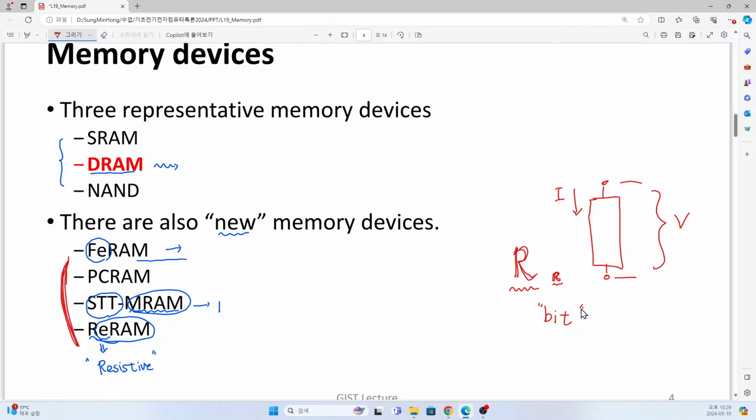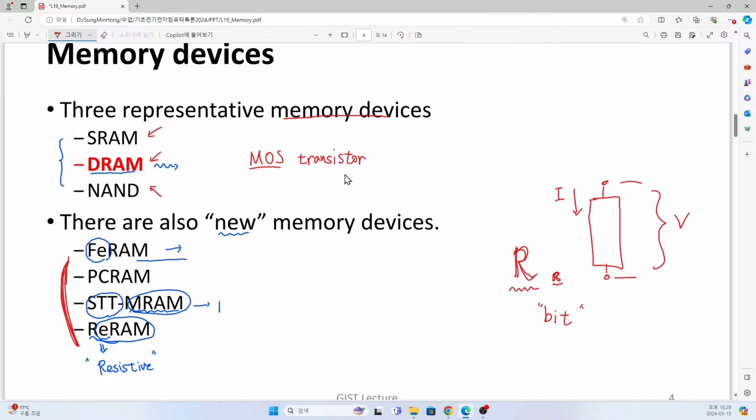Okay, however, when you come back to our more conventional and traditional memory devices, all of them are based not on a resistive component, but on the MOS transistor.